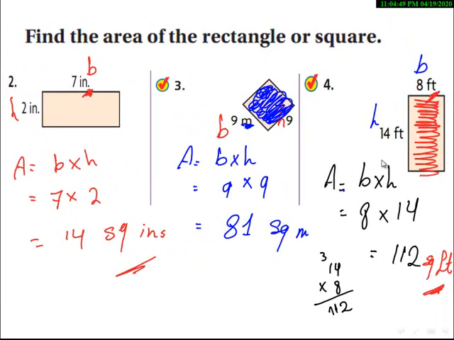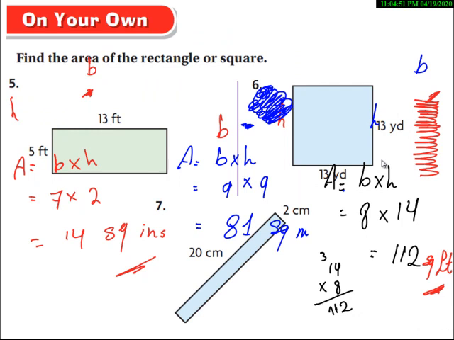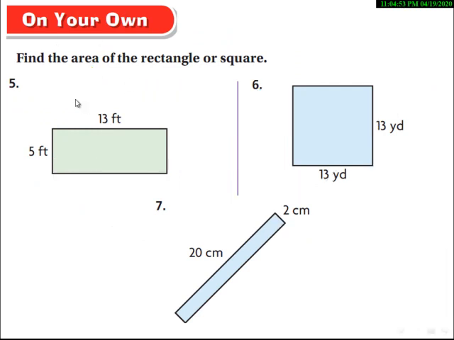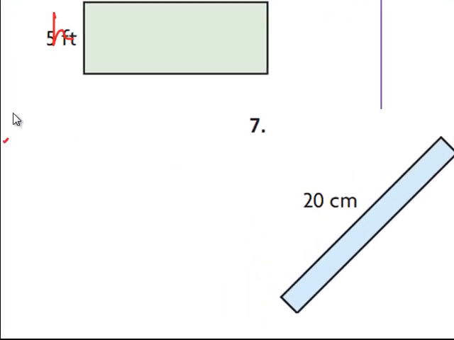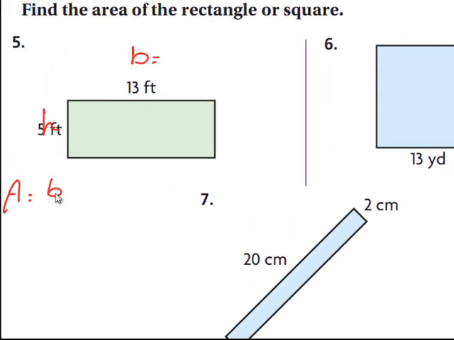Alright, let's practice more on your own. Find the area of the rectangle or square. It's a rectangle. Now, its base equals what? 13 and its height 5. So, area equals base times height.